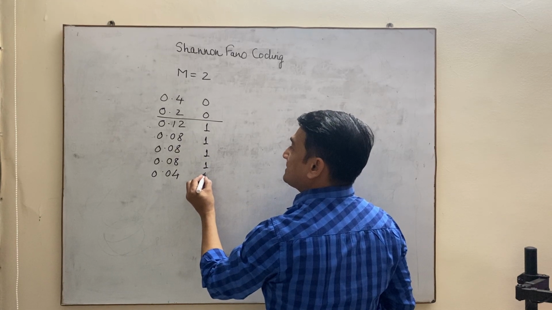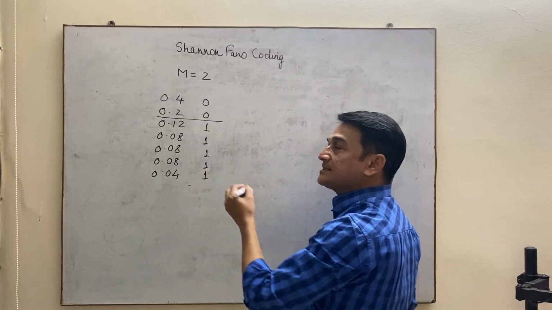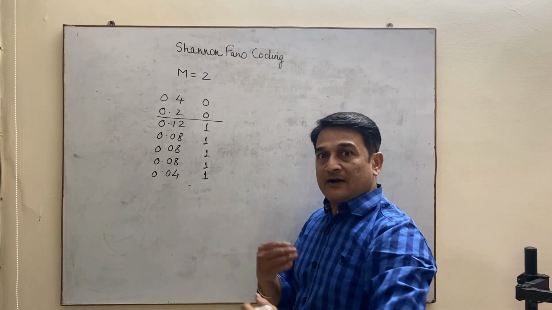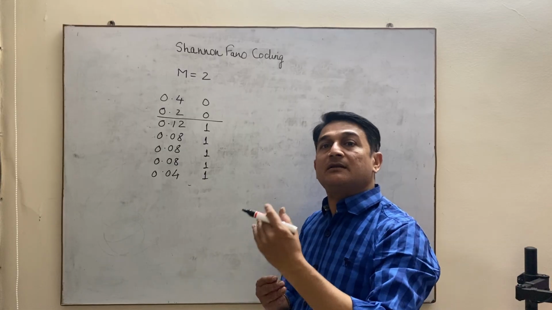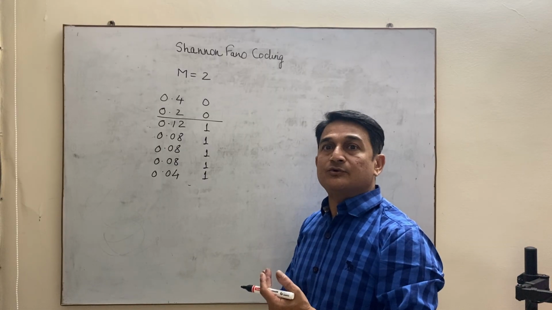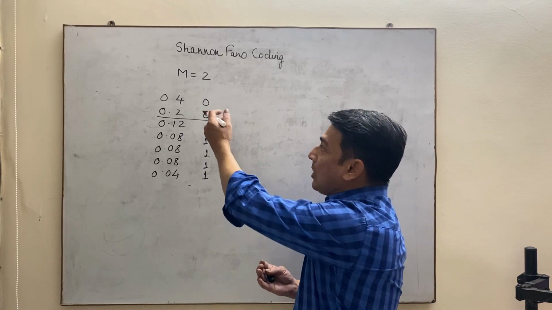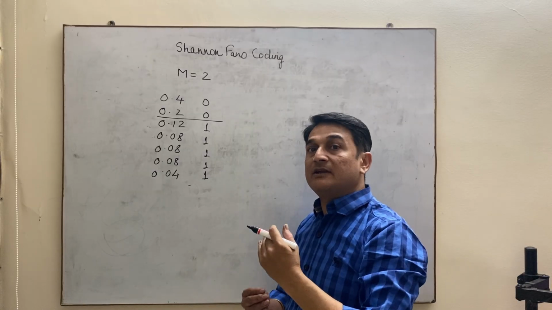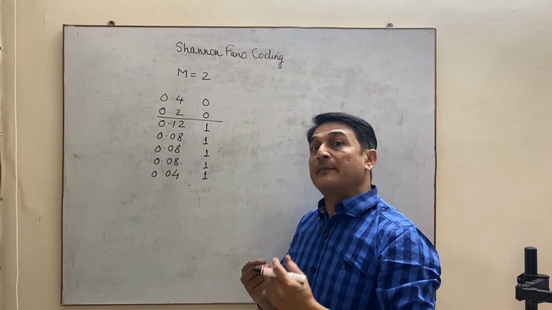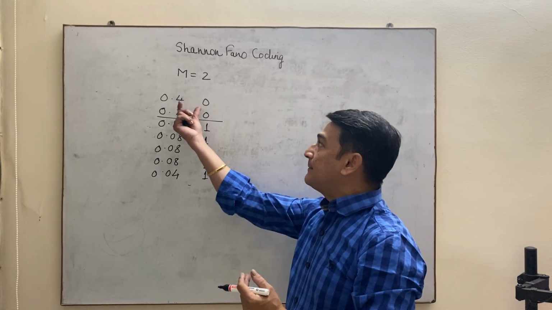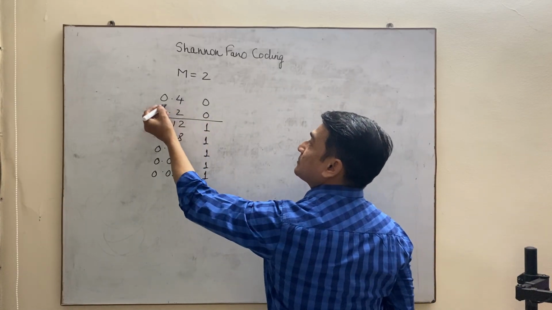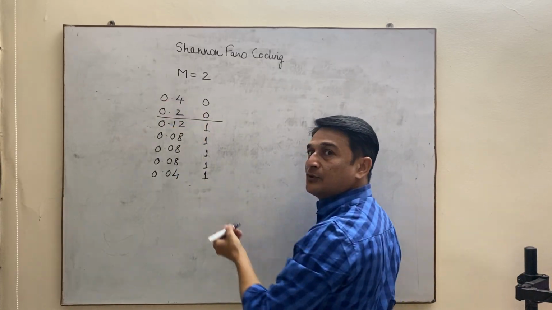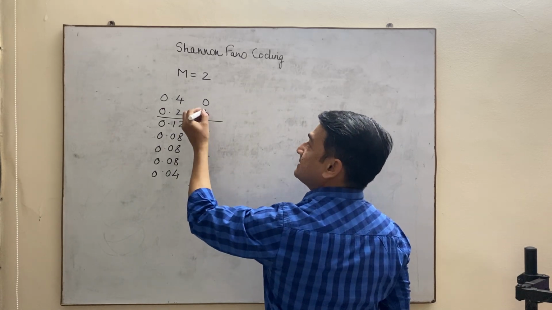After assigning these symbols, our next step is to subdivide each set again into equal values, so that all the messages have unique codes. Our main aim is to give all the messages a different code. In set 1 we have two messages.